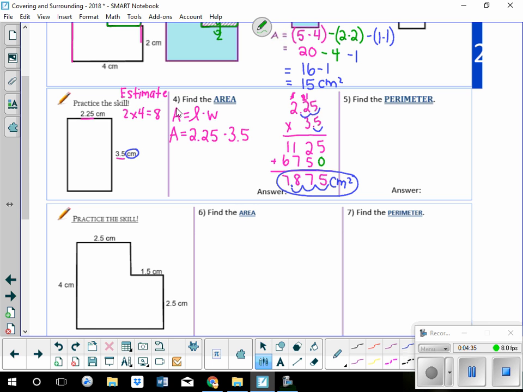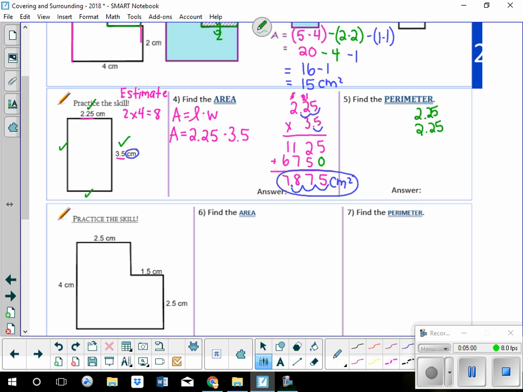We're just going to make sure that we add together all 4 sides, that we don't forget any of them. So I have 2 and 25 hundredths. And I actually have 2 groups of those because both the top and the bottom. And then I have each of the sides for 3 and 5/10.